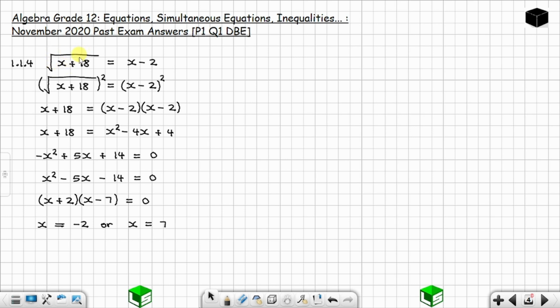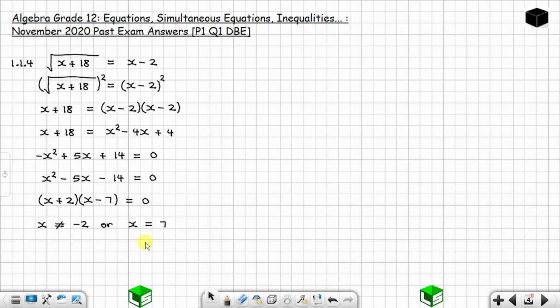And the square root of 16 is 4. Can you see you have negative 4 this side, but you have 4 this side? Can you see the sides are not equal to each other? So negative 2 is not an answer. Let's reject this. So you are going to say x is not equal to negative 2. X is only equal to 7.